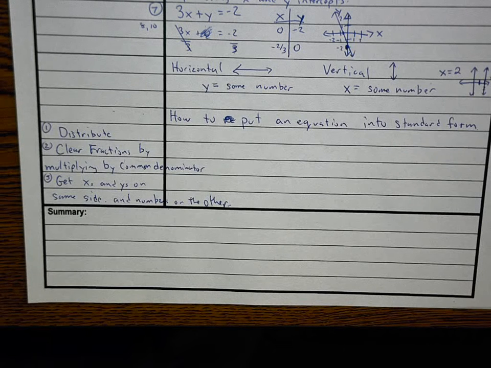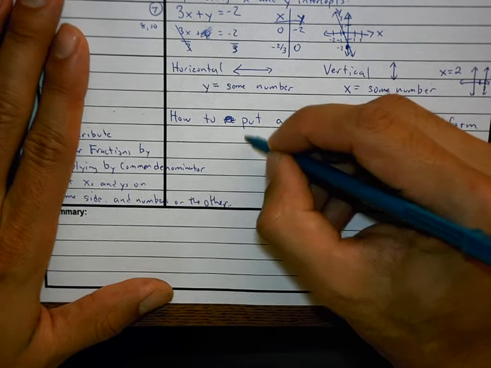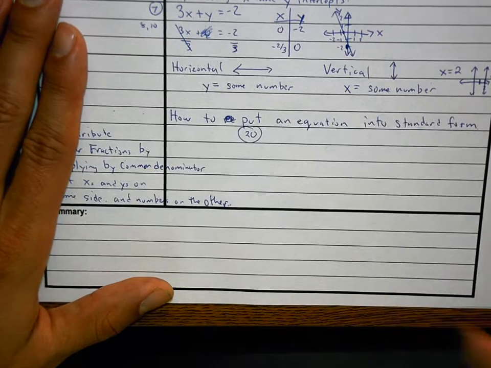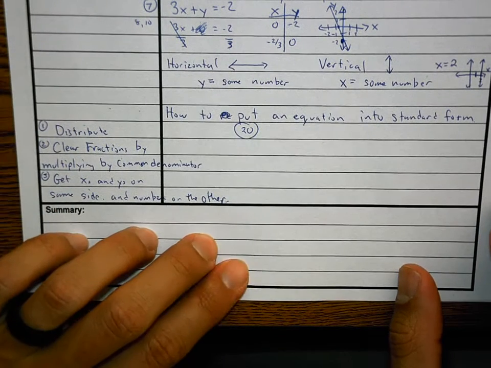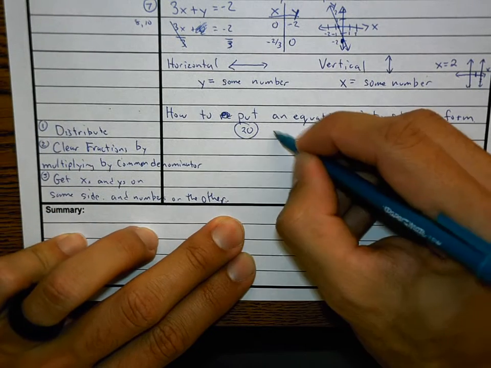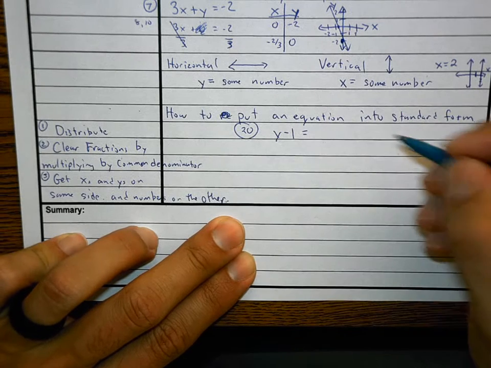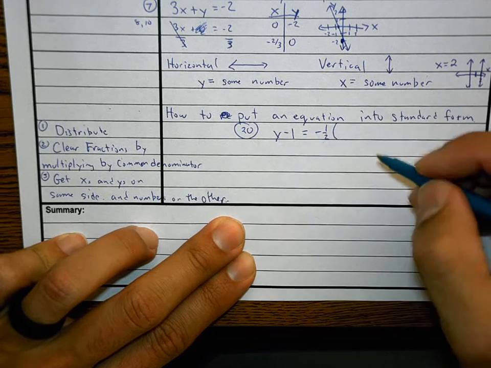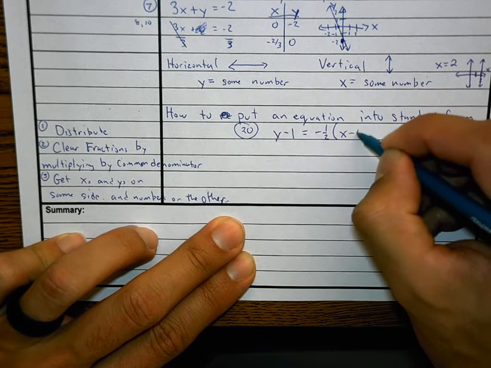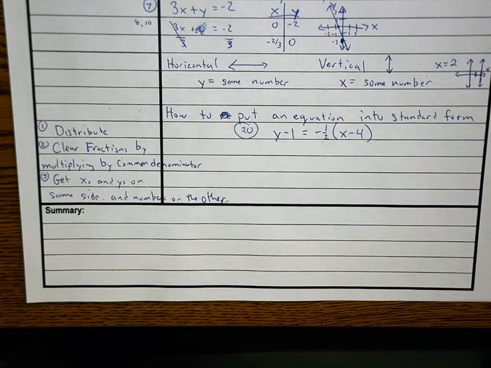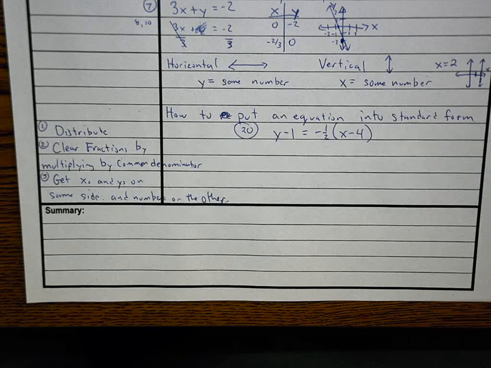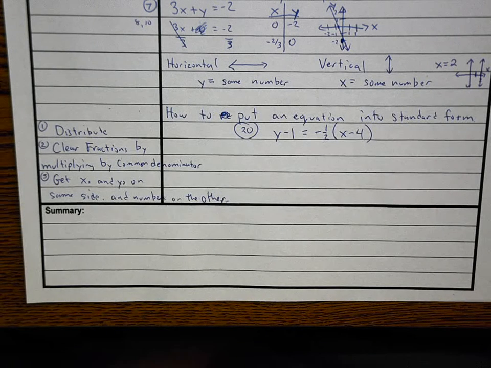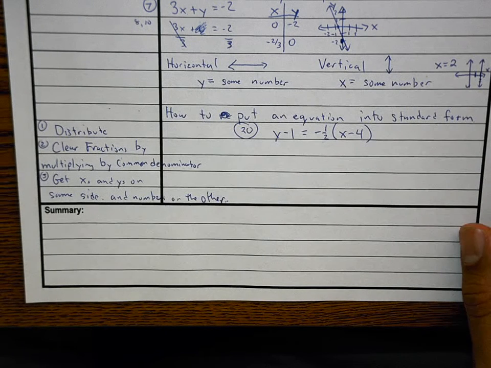This will be like number 20. So I'll put a little 20 right there in a bubble for you. Number 20 says y minus 1 equals negative 1/2 parenthesis x minus 4, end of parenthesis.